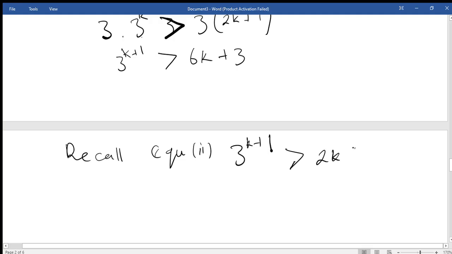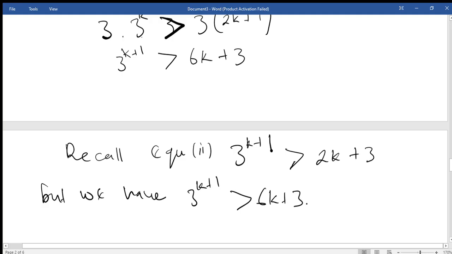Now we're trying to compare the two. What we have now is 3 power k plus 1 greater than 6k plus 3. So what is our issue? We have to compare these two right sides to see which one is bigger than the other.